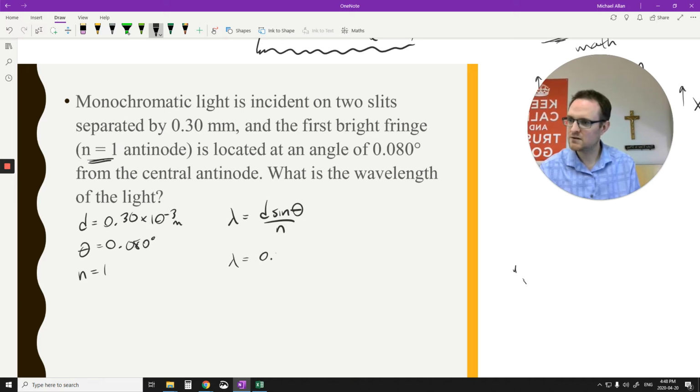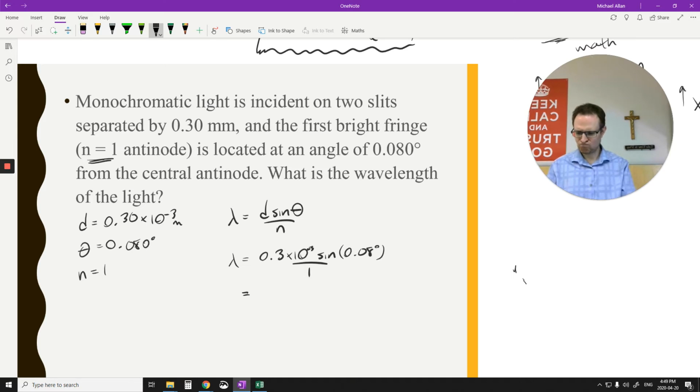0.3 times 10 to the negative 3 times sine 0.08 degrees divided by 1. So that should get me my wavelength here.